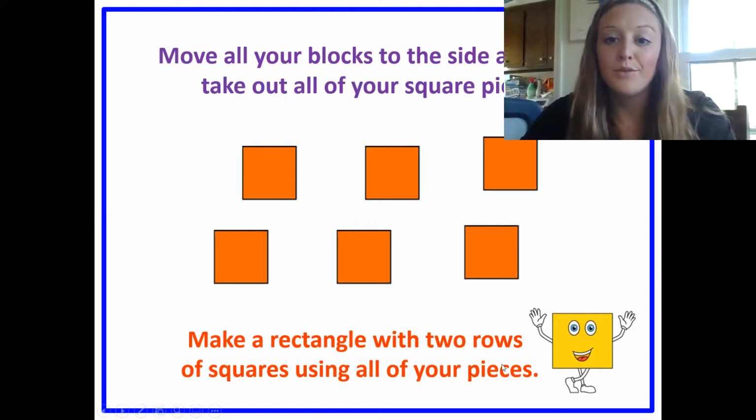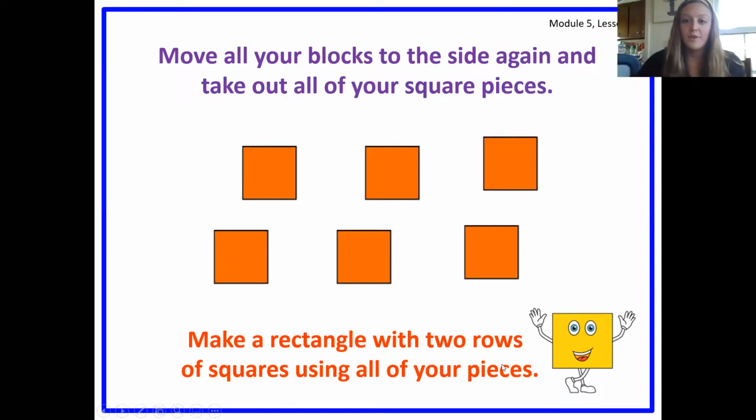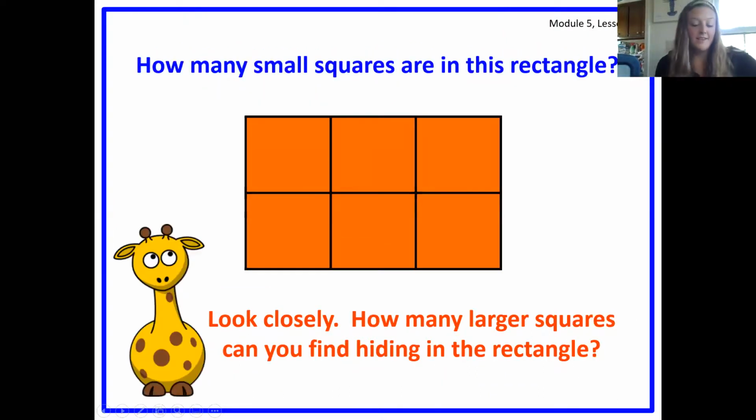So what we're going to do is look at what they made for us. Now, if you look at this, how many smaller shapes can you see? I'm sorry, how many squares can you see?